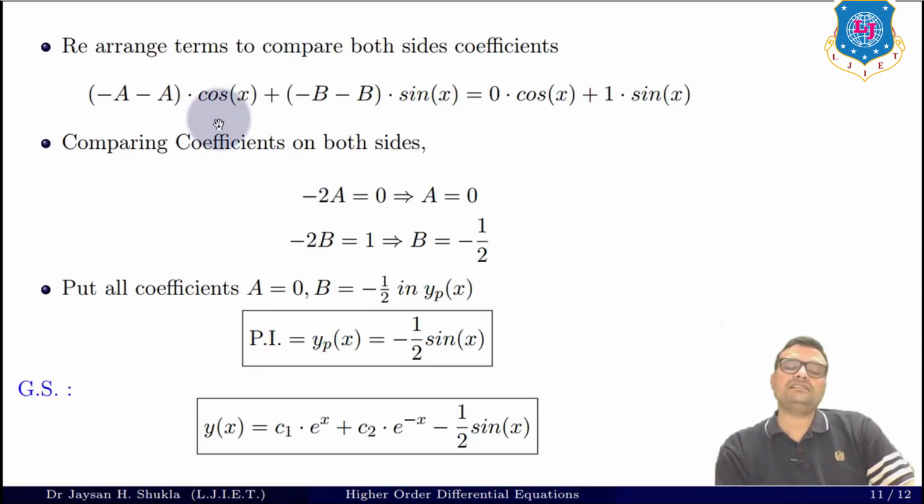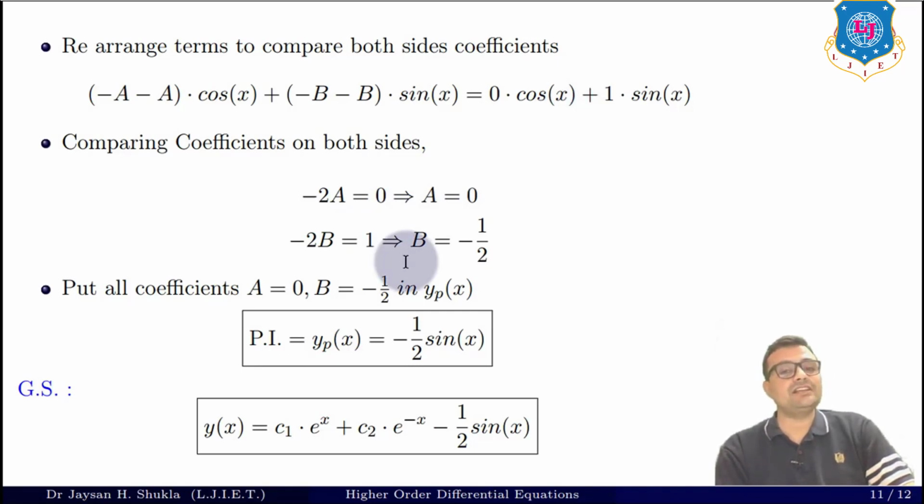Now, considering all the terms of cos x and sin x together, it gives me minus a into cos x plus minus b into minus b sin x equals 0 into cos x plus 1 into sin x. Comparing both sides, the coefficient of cos x will give me minus 2a equal to 0, which leads to the value of a equal to 0. Minus 2b equal to 1, which will give me the value of b as minus 1 by 2.